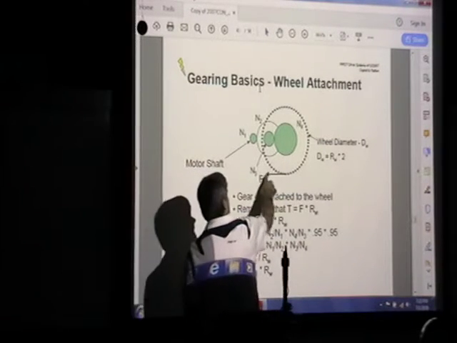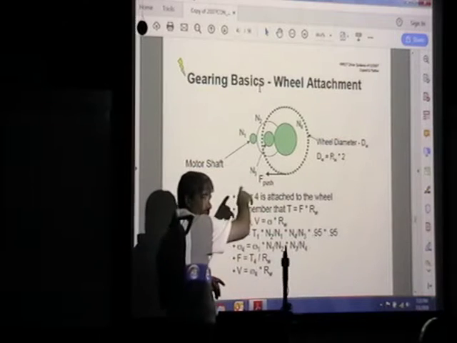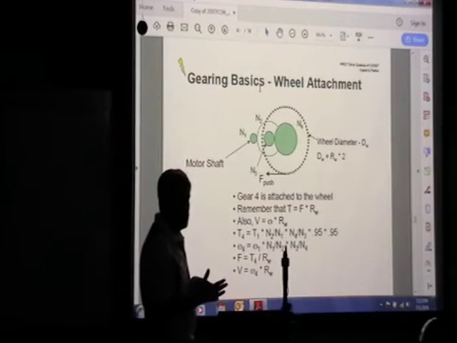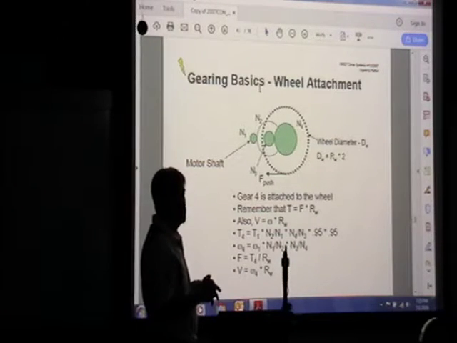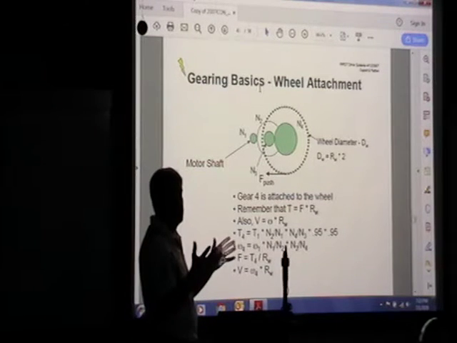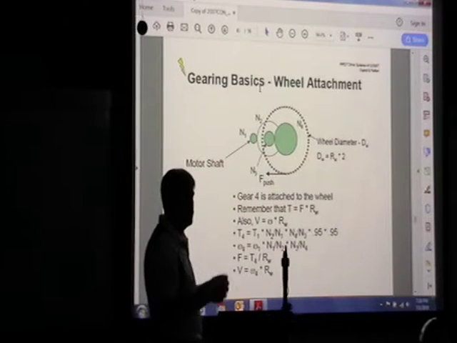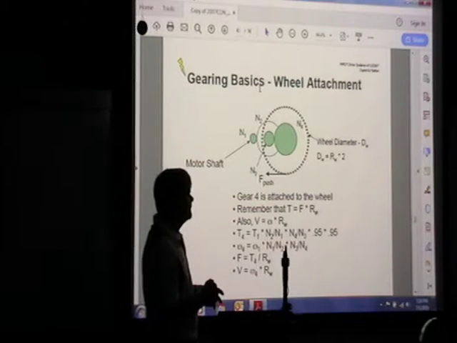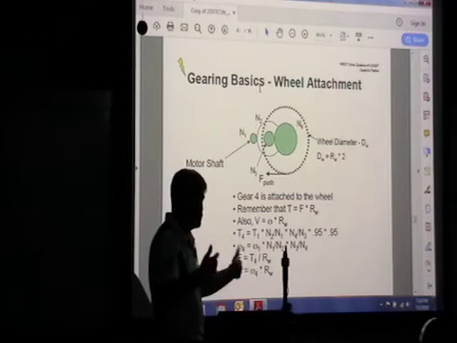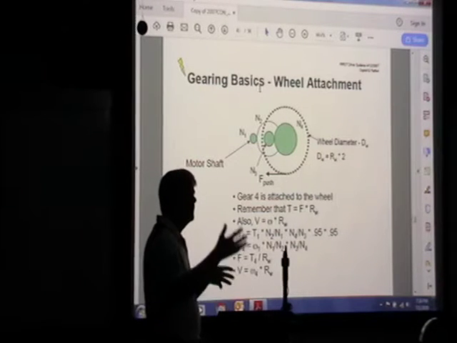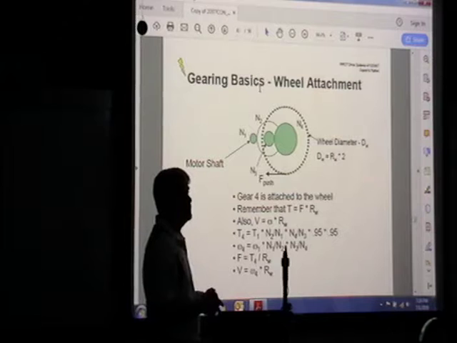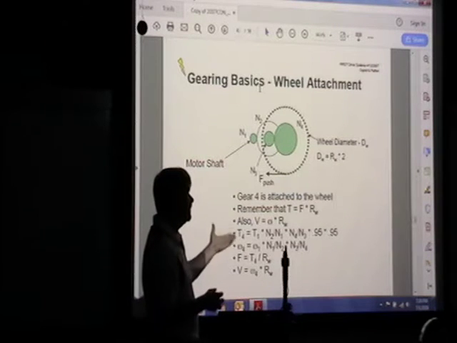You could get a lot of force here, but if you don't have the traction to go with it, or the friction, what's going to happen? It's just going to spin, yeah. Like a brake torque out here with a car, it's just going to light up the road. So there's no sense in having that much force or that much torque if you can't apply it to the mechanism that you're wanting to move. In this case, a wheel on a carpet.